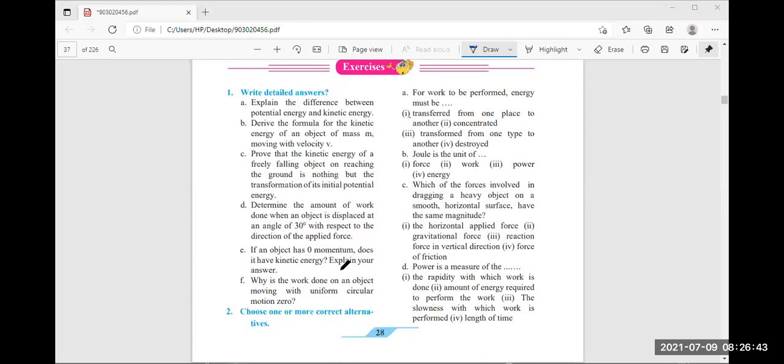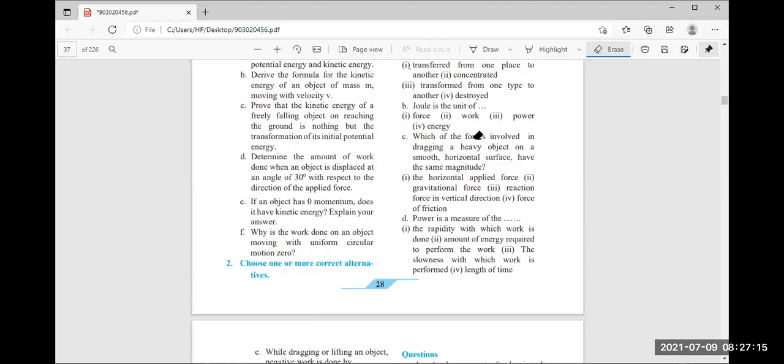Very good. Parth, Chaitali, is it correct? Joule is the unit of work and energy. Here you tried 2 options, work and energy. Okay, I'm writing in short, but you tried the proper answer there.